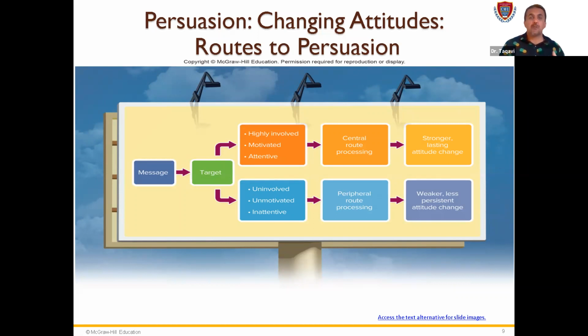And they can use some ethical and sometimes unethical methods to create their desired outcome in political decisions. So in peripheral route processing, you see weaker, less persistent attitude change.